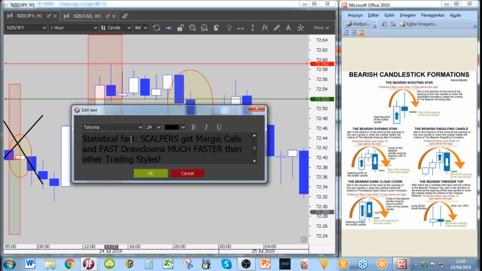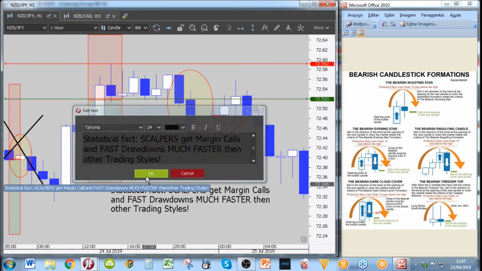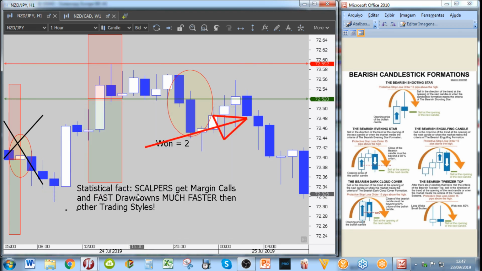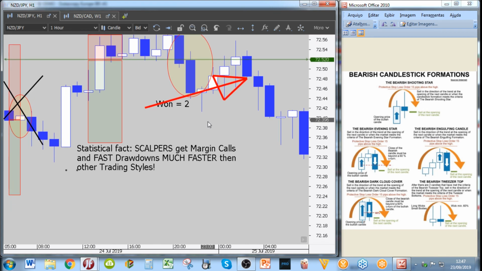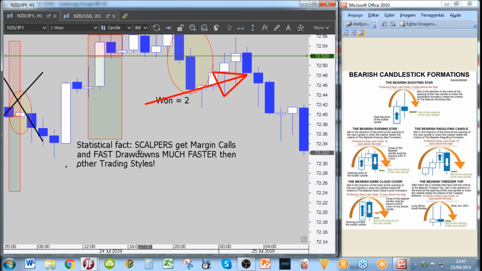Okay, I'm not talking about bad or good, or oh, scalper is not good, the swing trading is better, none of this. It depends on your trading style. But it's a statistical fact that scalpers get margin calls and fast drawdowns much faster than other trading styles.